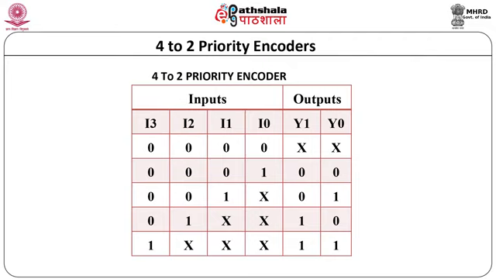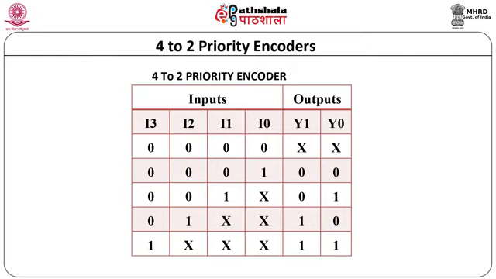I2 has the second highest priority as compared to I1 and I0, and so on. If 2 or more inputs are at logic 1 at the same time, the input line with the highest priority will be considered for generating the binary output.